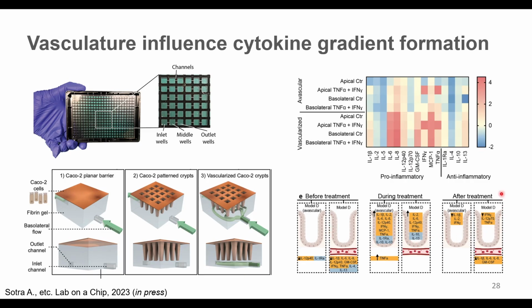That's not surprising. And after treatment, some of the cytokine gradients actually reversed, some are maintained. But overall, I'd say that the message here is the presence of vasculature is important. They do provide a lot of biochemical signaling and cytokine gradients that are missing in the avascular conditions.